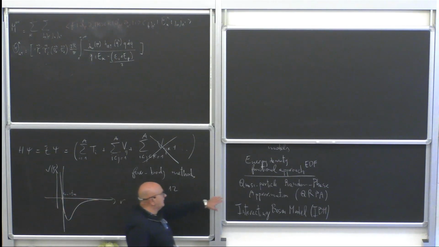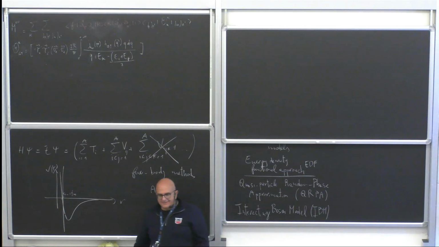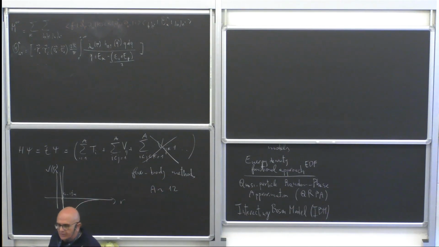For example, the quasi-particle random phase approximation deals with the fact that one of the most important components, especially in the low energy part of the nuclear excitation spectra, is the so-called pairing interaction, an interaction similar to the phenomenon of superfluidity or superconductivity, namely pairs of identical nucleons coupled to total angular momentum J equals 0 plus.